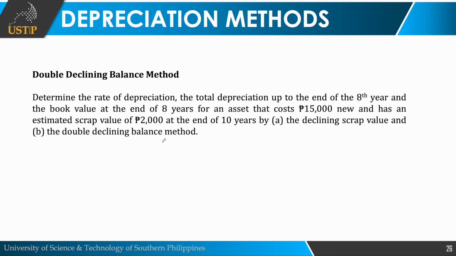Alright, so perhaps what they want is just to compare the declining balance and the double declining balance. Okay, let's list the given. We have the original cost, 15,000.